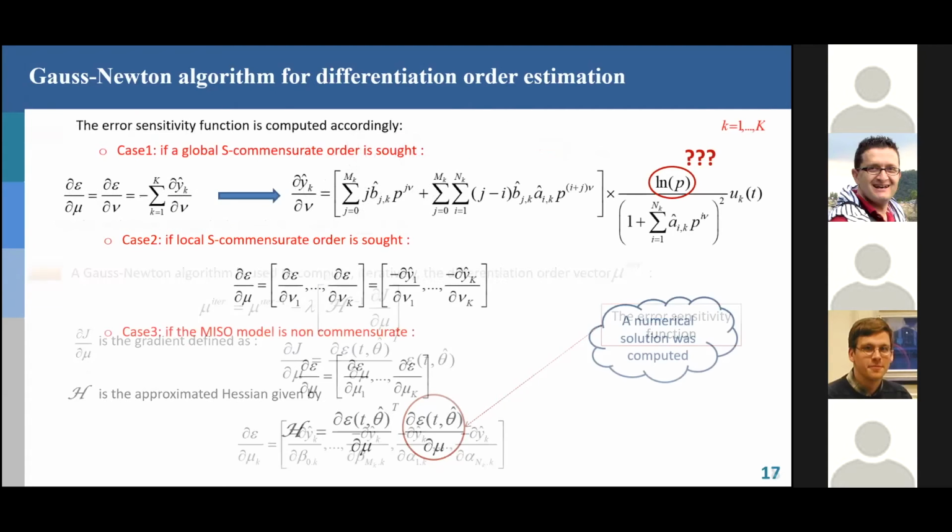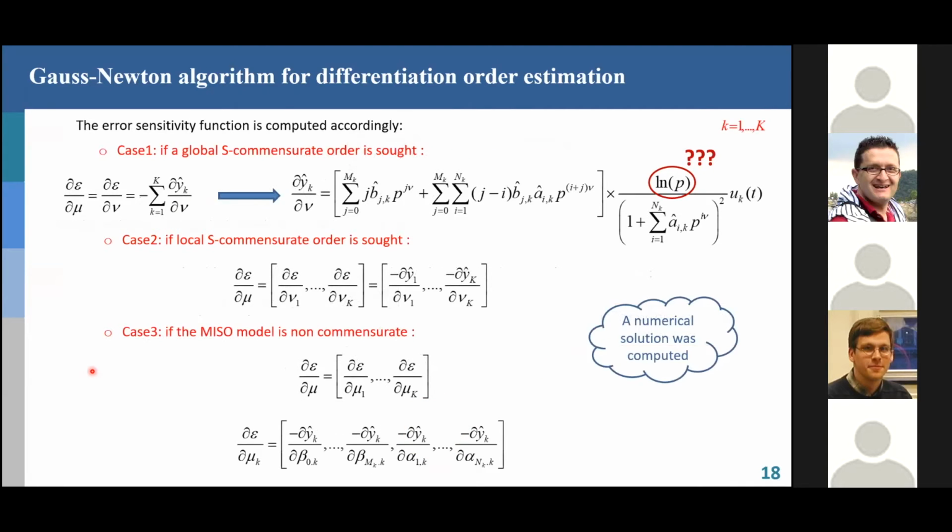Here I'm going to talk about the error sensitivity function. We're going to use it to calculate H, the approximation of the Hessian. We have three cases this time. If we have a global exponential order, we're going to derive our error with respect to nu.